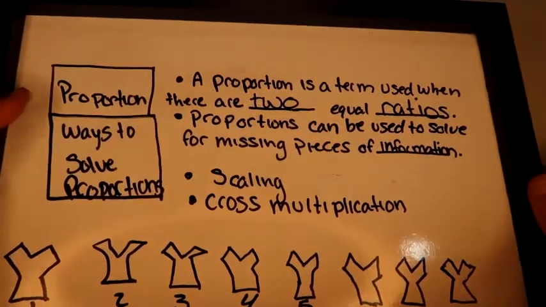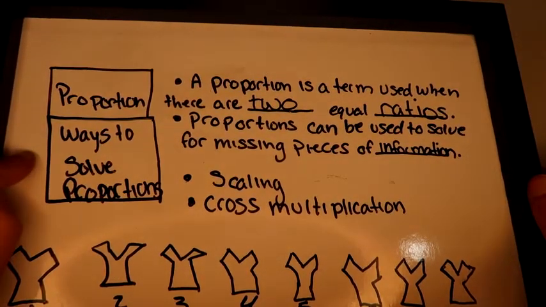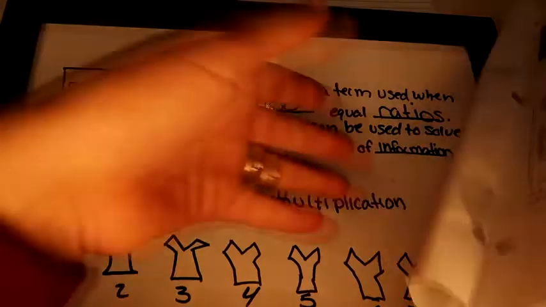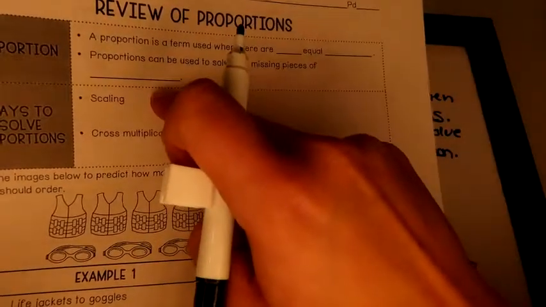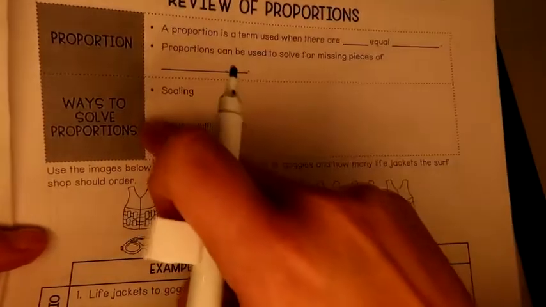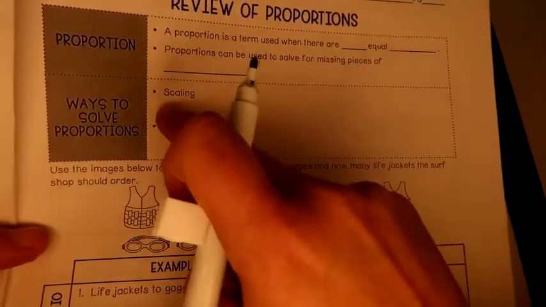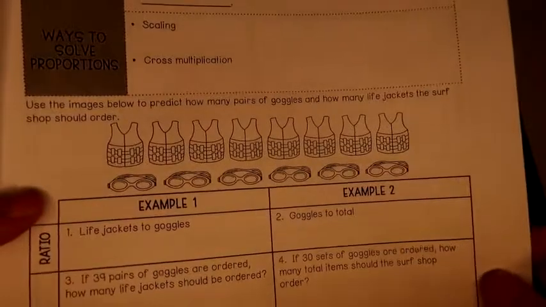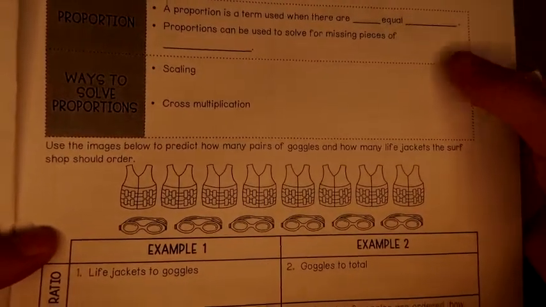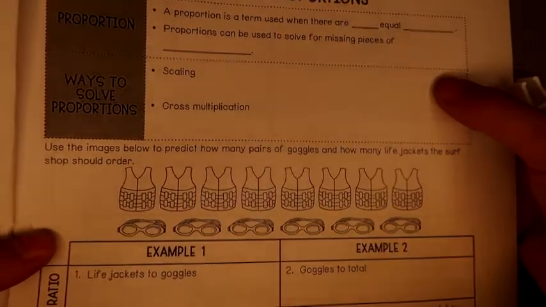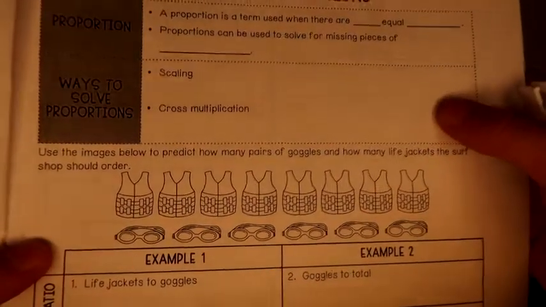So we have proportion and ways to solve proportions. So again, 2 ratios, information, proportion, ways to solve proportions, scaling, cross multiplication. Okay, so these are the different ways that we can use to solve. We can draw pictures, we can draw diagrams, we can also use my favorite, which is cross multiplication.